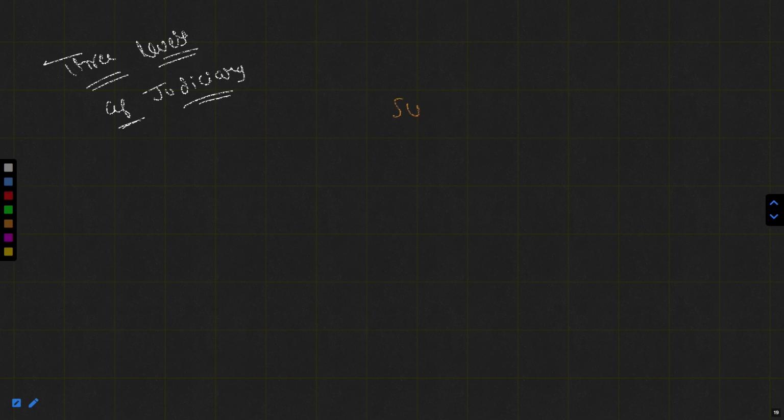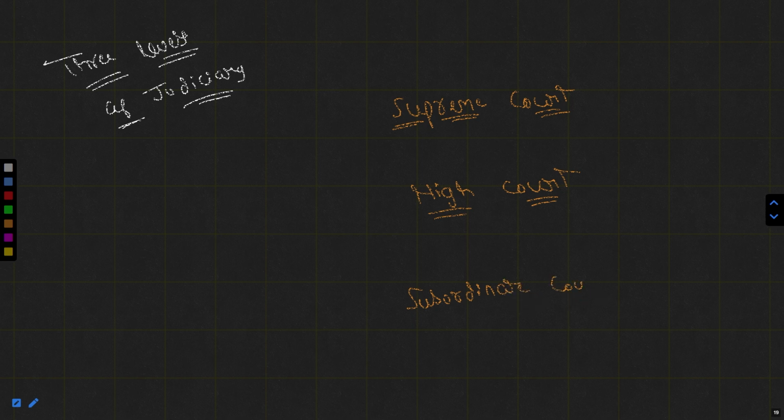First is the Supreme Court. Second is the High Court. Third is the subordinate courts, or you can say lower courts. So these are the levels.